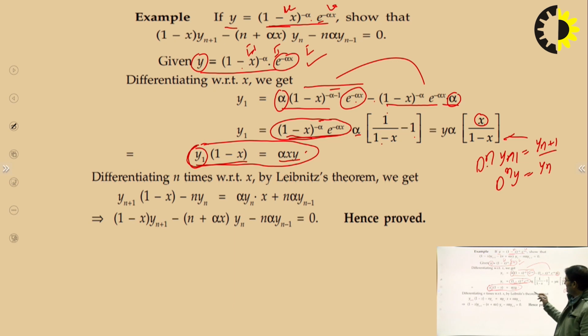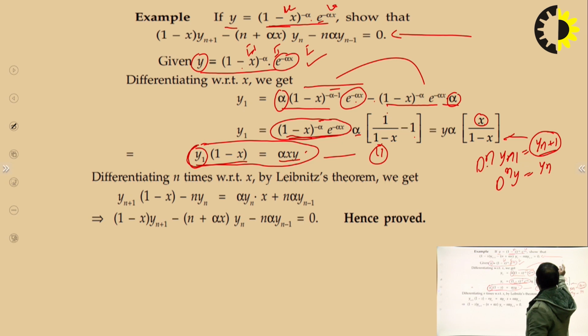So at this stage, if this is equation number 2, and you apply Leibniz n times, then according to Leibniz the yn+1 is the largest derivative of y. You can see your answer, which you should prove, also contains the largest derivative yn+1.